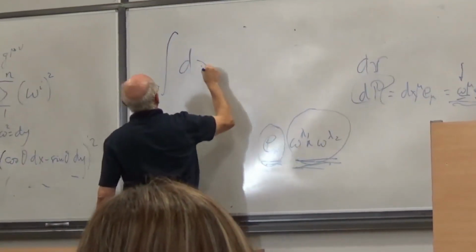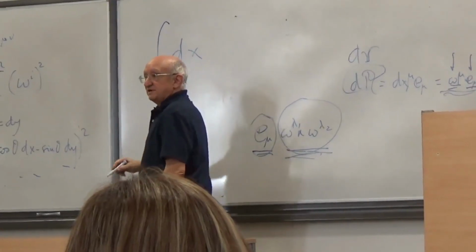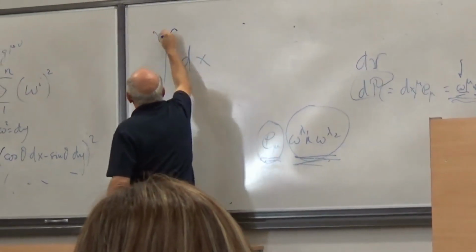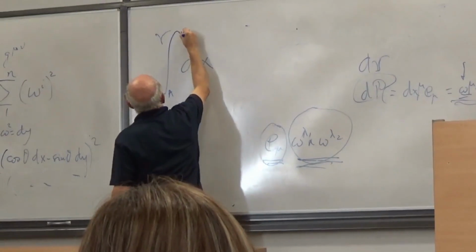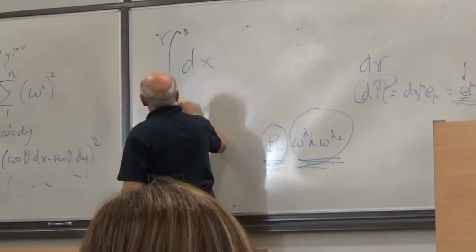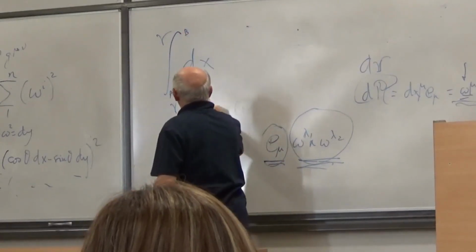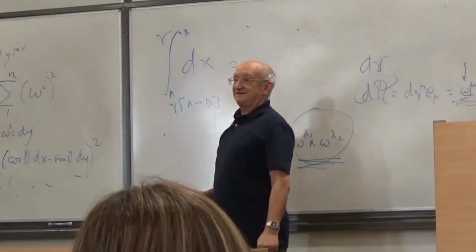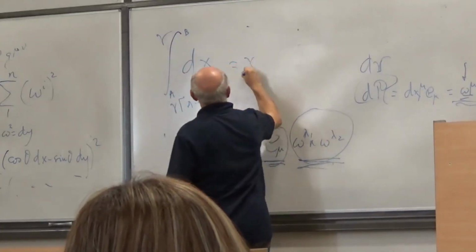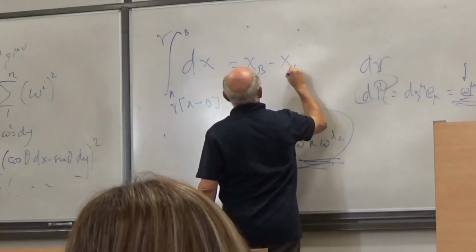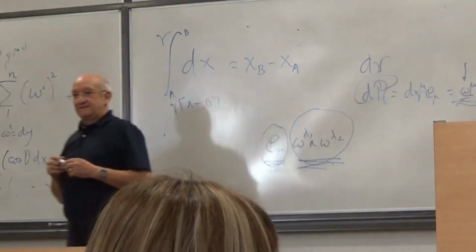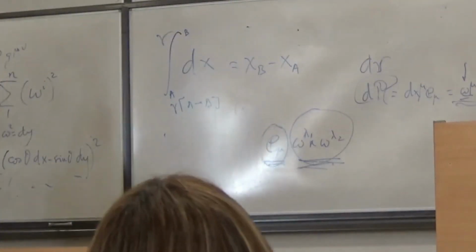I said it is going to be a function of curves. I observe gamma between points A and B, or I don't know what notation you like, such that upon integration, that is the x.